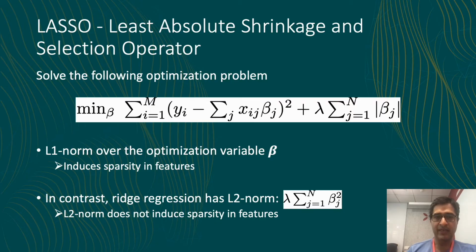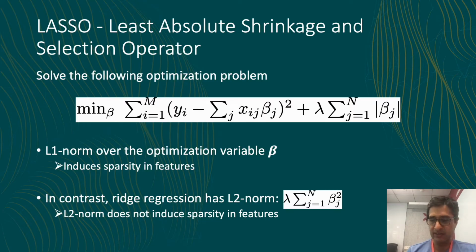While the L1 norm induces sparsity in features and tends to force as many betas down to 0 as it can, the ridge regression doesn't do that. It tries to reduce the size of betas as much as possible, but it doesn't drive them down to 0.